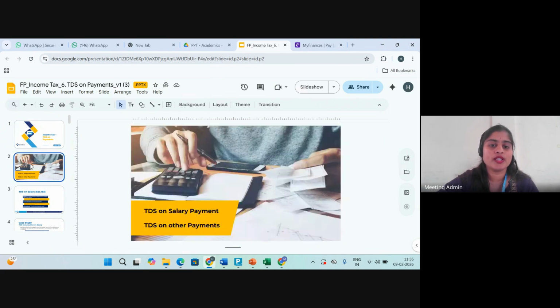We know that we have two certificates. One is Form 16, which is provided only for salary, and the Form 16A certificate is provided for other TDS payments. Other payments can include professional tax, rent, quality test charges, marketing charges, as well as the variety of direct taxes. Both kinds will be provided in the 16A certificate.